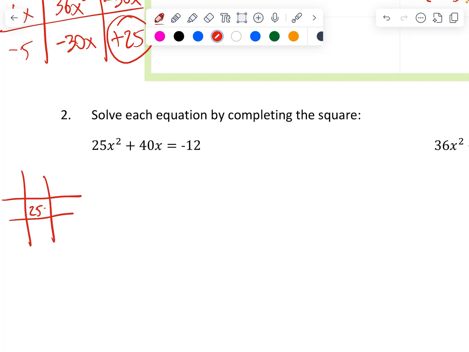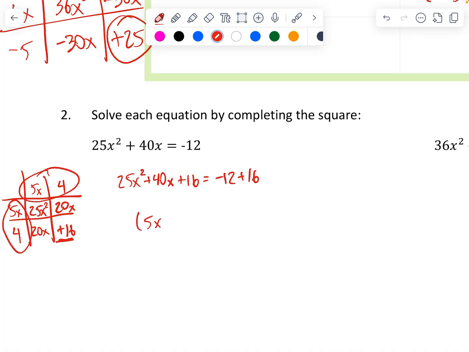So this is 25x squared, making this 5x and 5x. We know that it has to add up to 40x, so this is 20x, this is 20x. So this is going to be 4 and 4, making it a 16 is what you're adding. So 25x squared plus 40x plus 16. Don't forget to add it to both sides. When you factor that, it's going to be these factors right here. 5x plus 4 squared is 4.